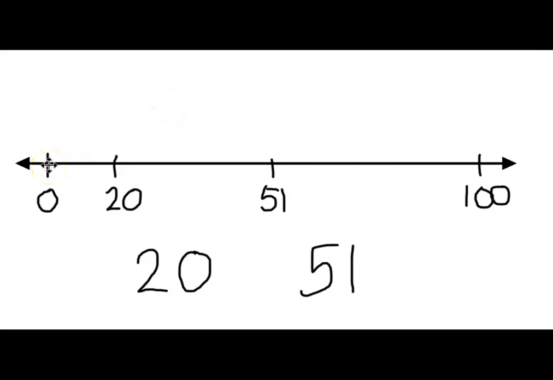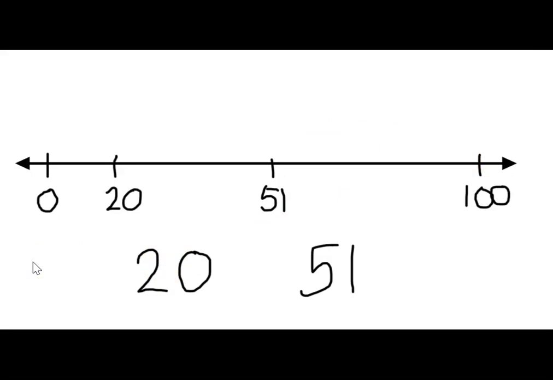If I'm counting starting from 0, which number am I going to come to first? You are correct. I'm going to come to 20. And then what number would come after that? 51 is going to come next, right? All the way up to 100.